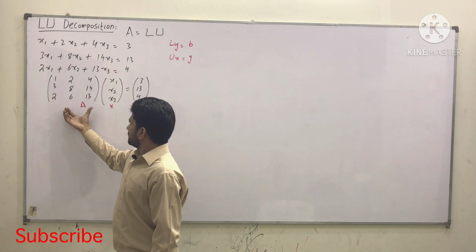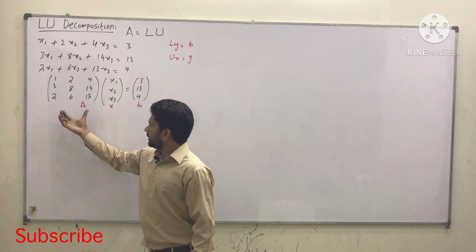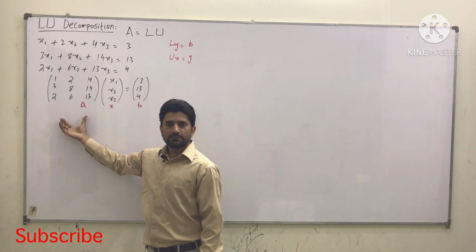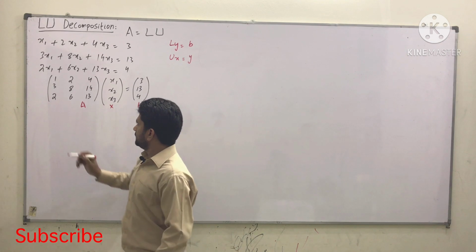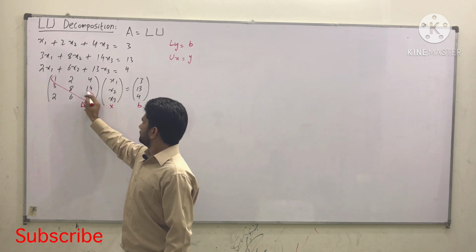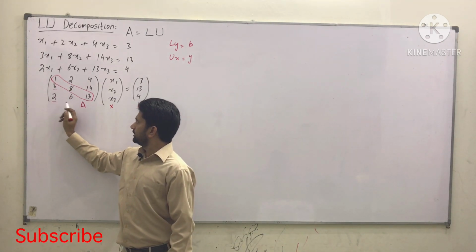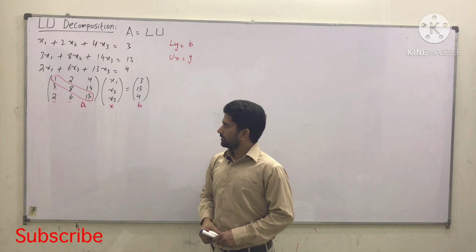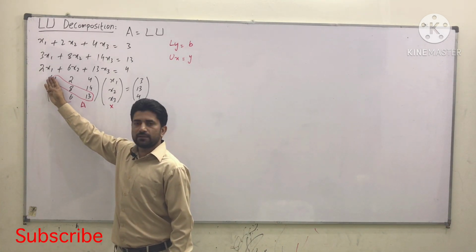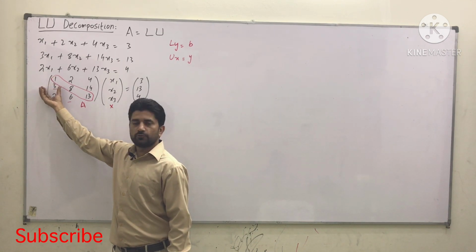Now first, make this upper triangular. Upper triangular is a matrix in which we have 0 below the diagonal. So you see this is our diagonal and I need these three to be 0. So this 3 can be 0 if I multiply row 1 by 3 and then solve with row 2.